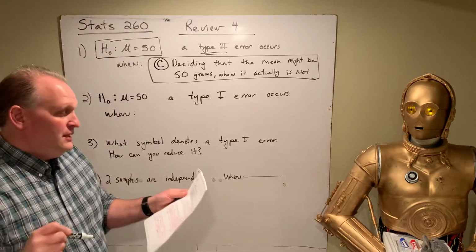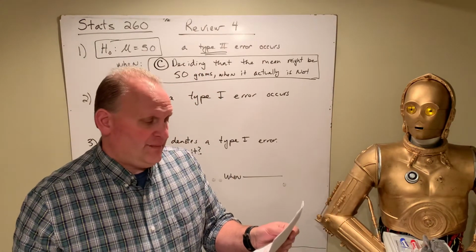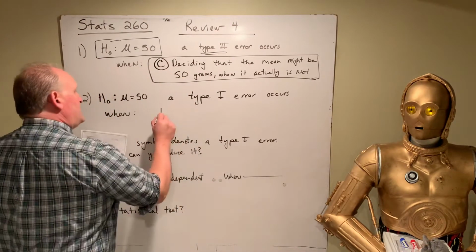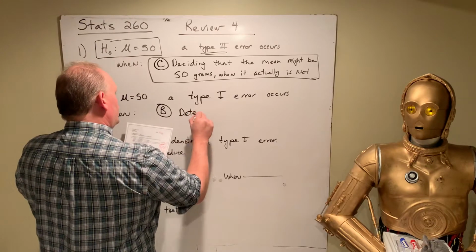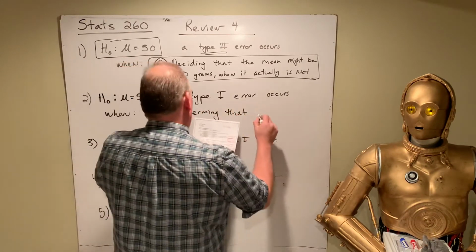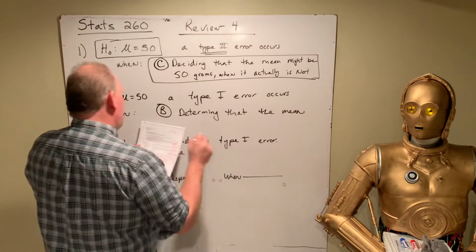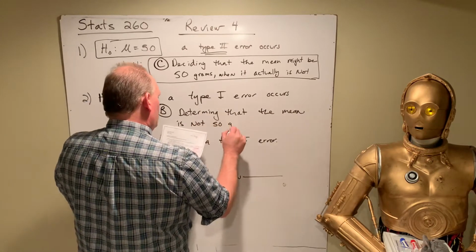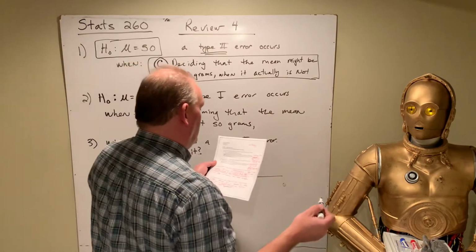Number 2 says, suppose you're testing that same claim. What's a type 1 error? Well, a type 1 error would be B. That would be determining that the mean is not 50 grams, even though it is 50 grams.